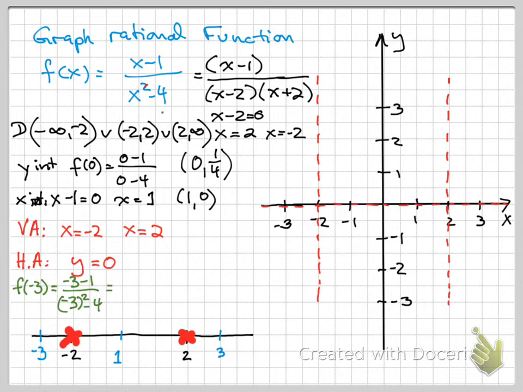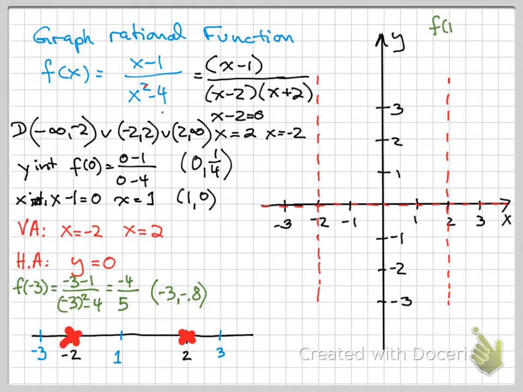So we get negative 3 minus 1 is negative 4 over 9 minus 4 is 5. So we have negative 4/5. If I change it into a decimal, it would be easier to graph. My point would be (-3, -0.8). 4/5 is 0.8.